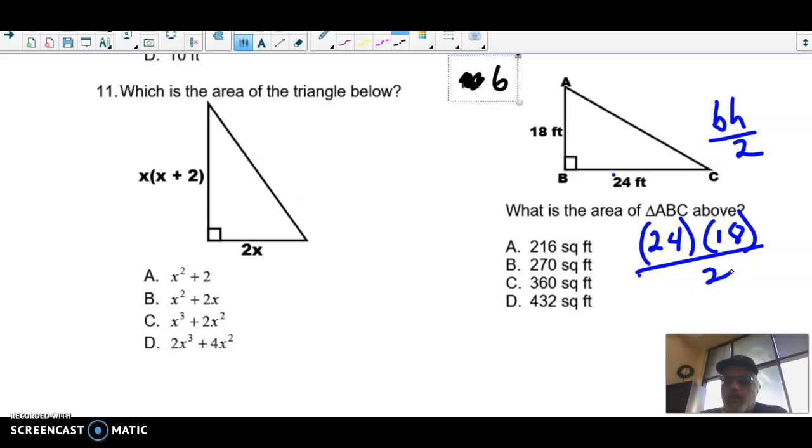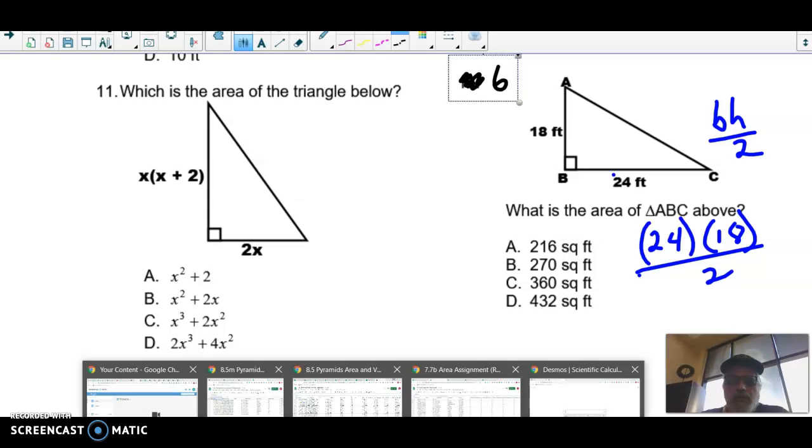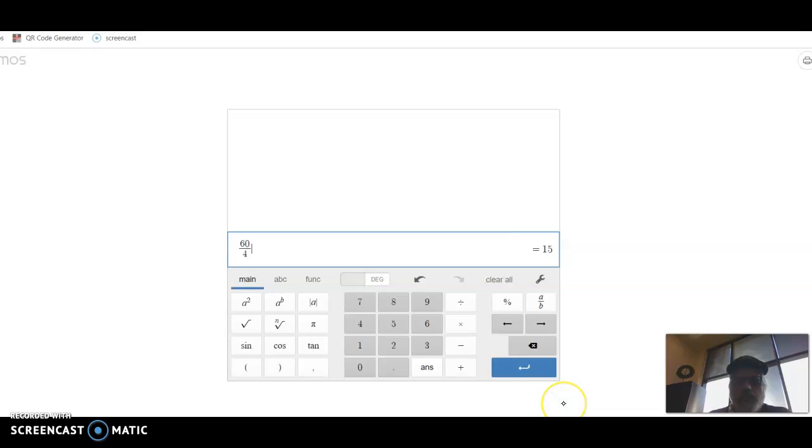And then I can go ahead and add into my calculator. So clear all, set up a fraction. Okay. Divided by 260.